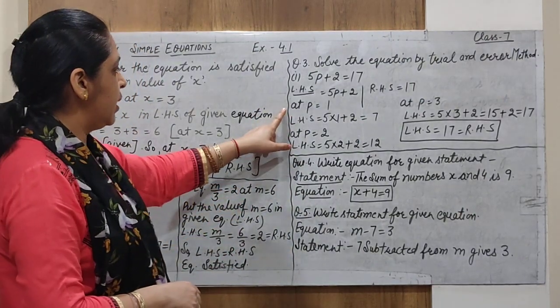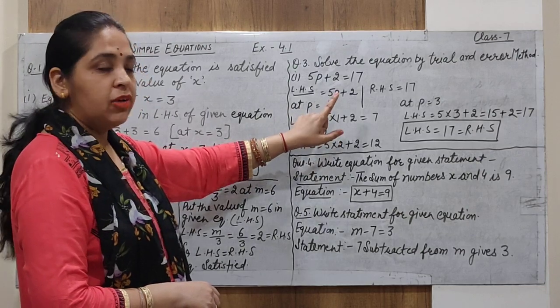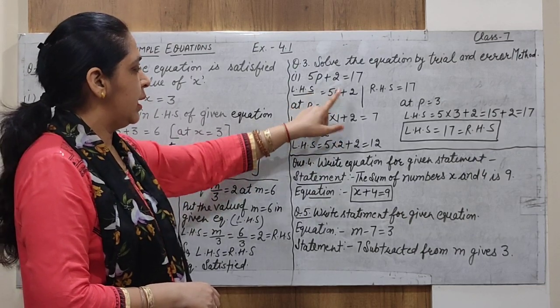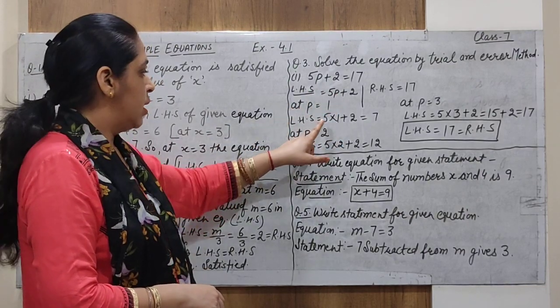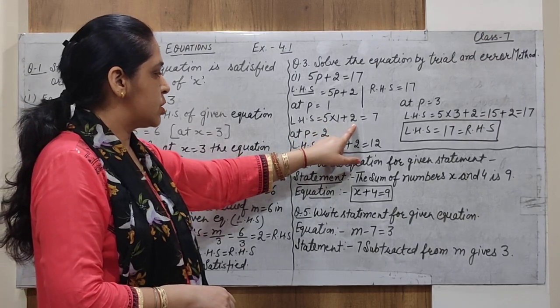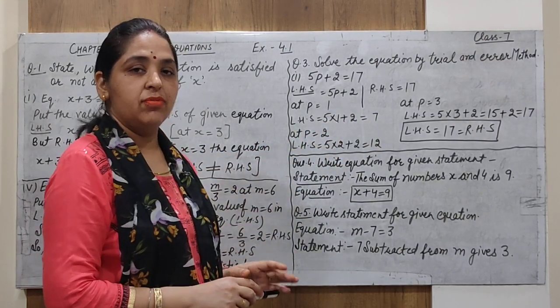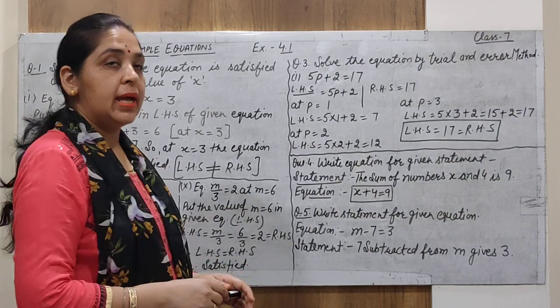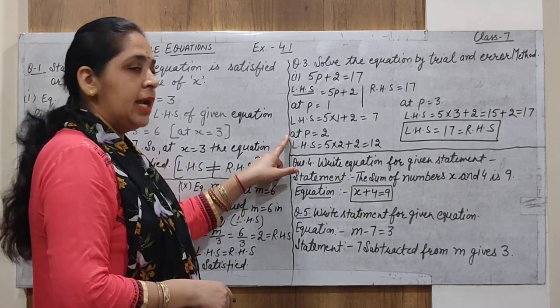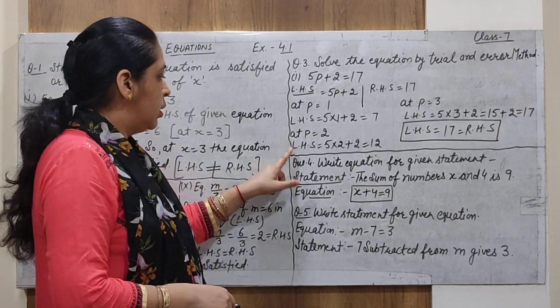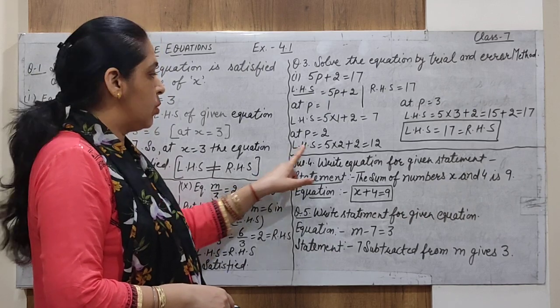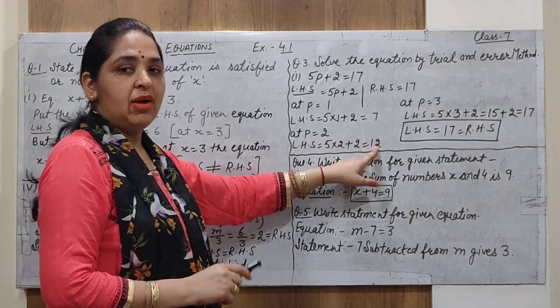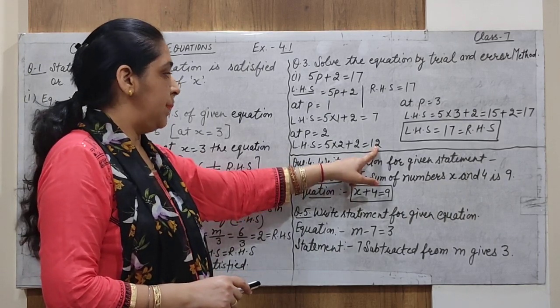Start from p is equal to 1. If we put p is equal to 1 in the left hand side, what is the result? 5 multiply 1 plus 2. We get 7, which is not equal to the right hand side. At p is equal to 2, the left hand side is equal to 12 after putting the value of p.